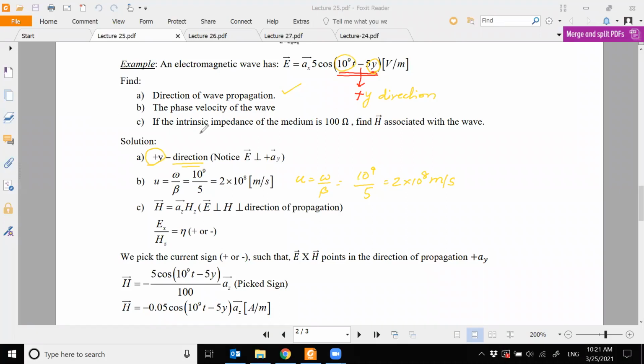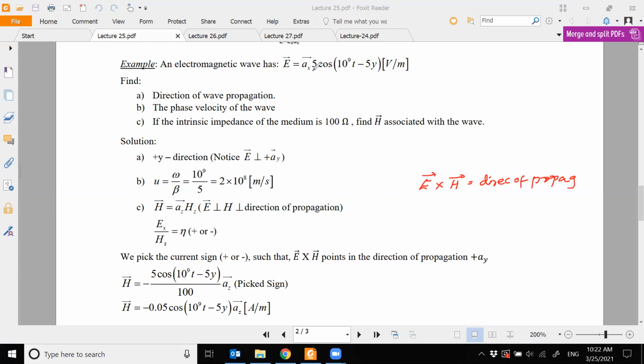Now, third, if the intrinsic impedance of the medium is 100 ohms, then find the associated magnetic field. So how do we find the associated magnetic field? Follow what we just talked about: we know that E cross H is the direction of propagation, right?